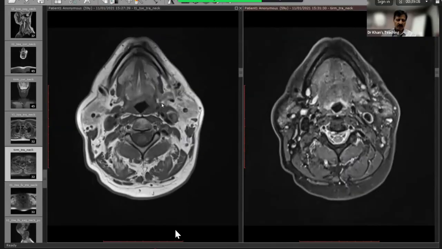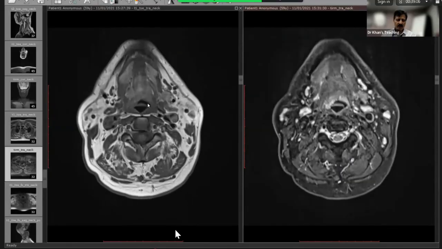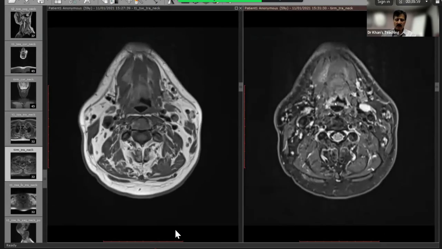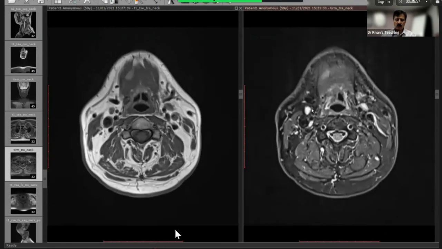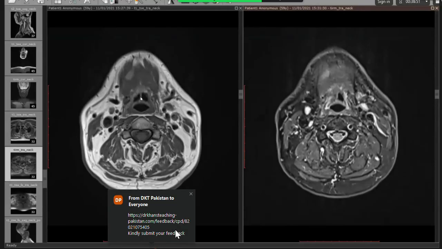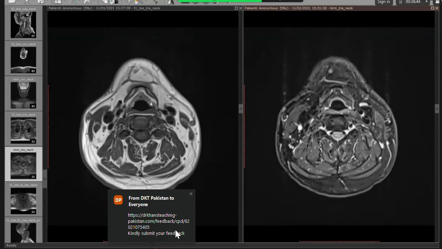And now we are going, this is the tongue base. And you can see on the STIR sequence that there is high signal, which is the lingual tonsil. Actually, we can see the epiglottis and we can see what is this structure? Glossoepiglottic fold. And what is this black and this black structure? Valleculae, sir. Excellent.